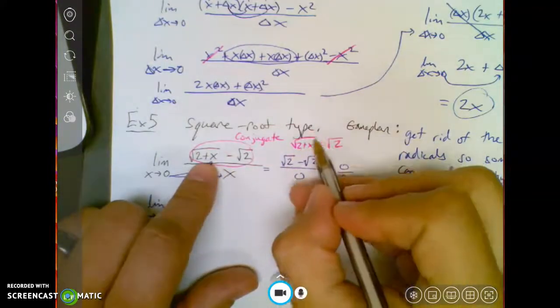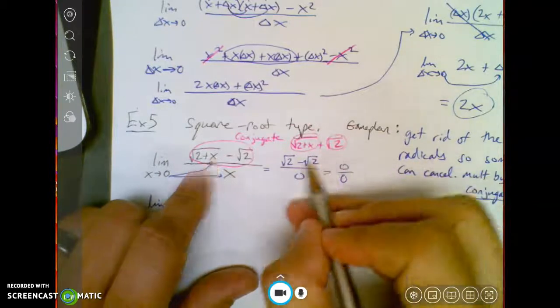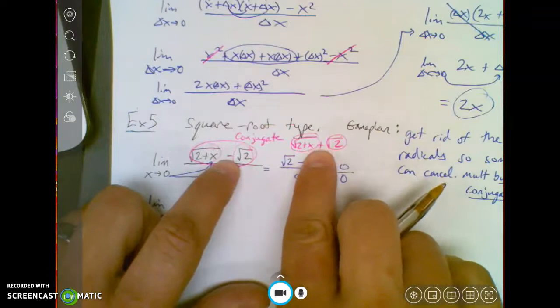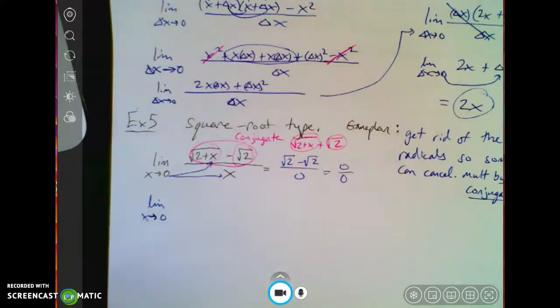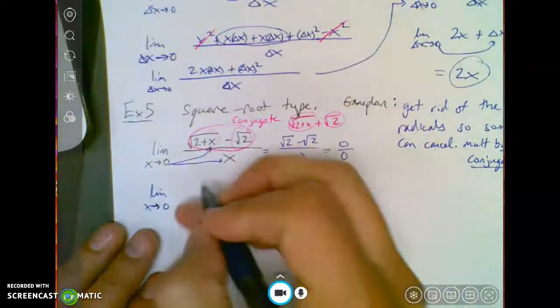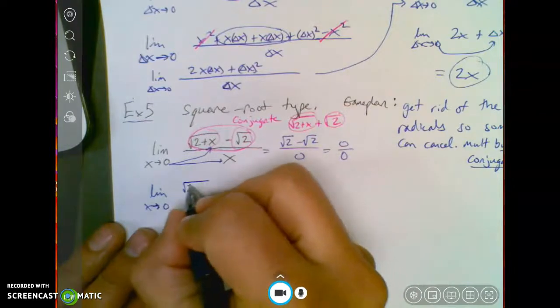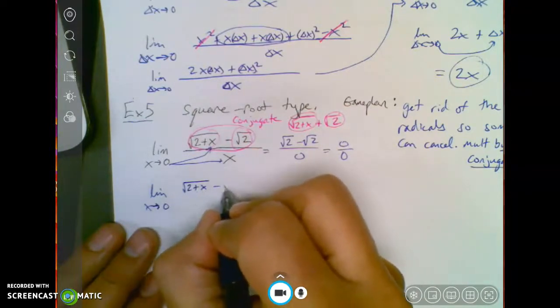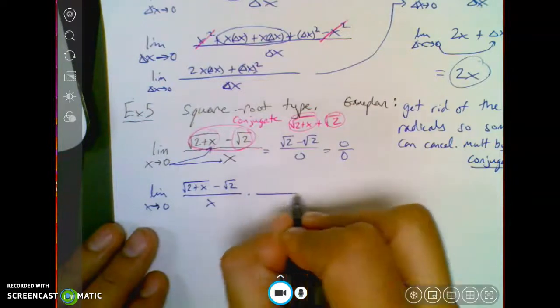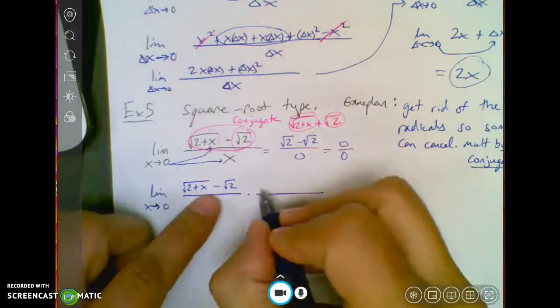See, it's like I treat these as two separate pieces. The only thing I mess with is that minus sign becomes a plus. That's what a conjugate is. It's kind of like having x plus 2 and x minus 2. Okay? So, if I multiply this guy on top by its conjugate, I can get rid of the radicals.